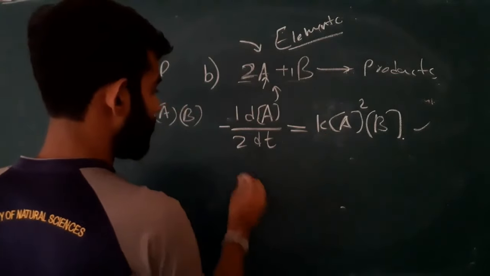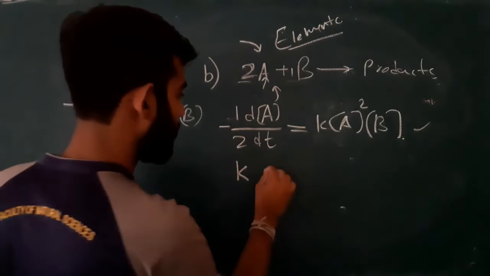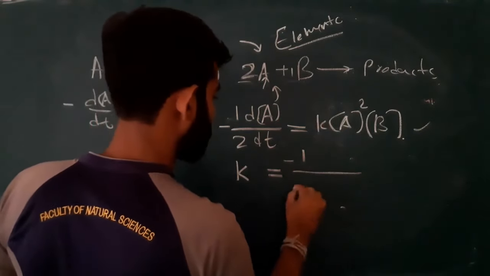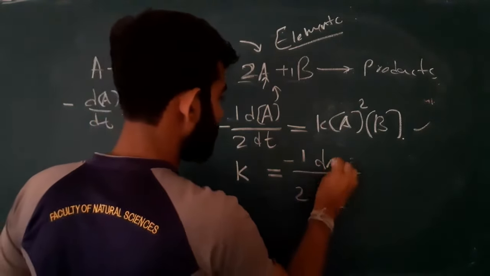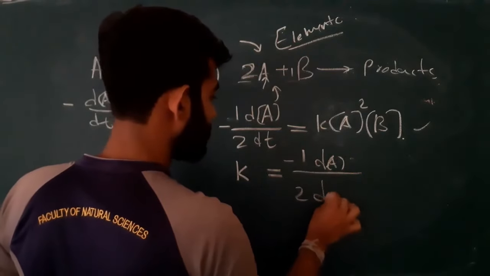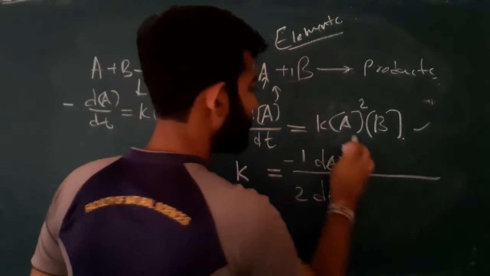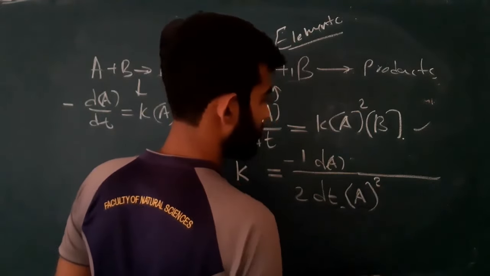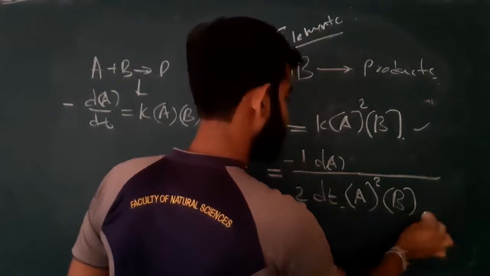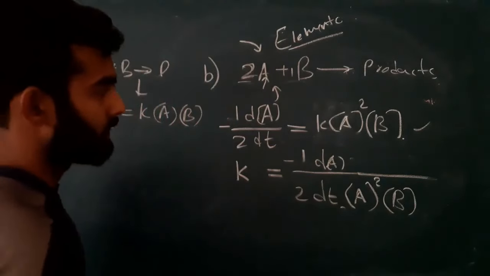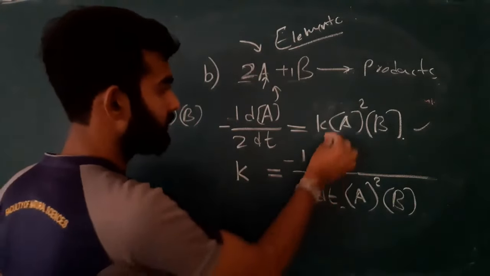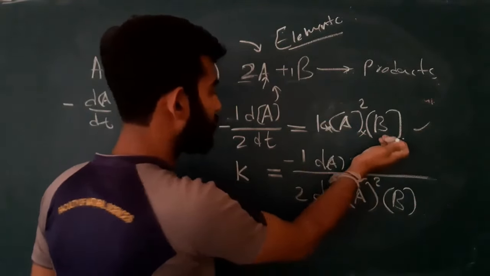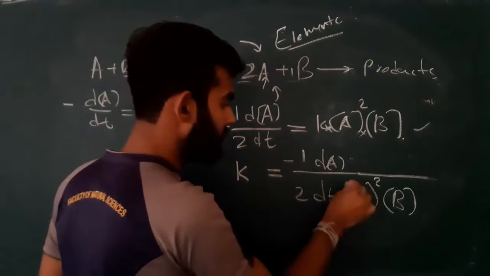So I will get the expression for K. K is equal to minus dA, here dt, here A squared will come to the lower side, B. I rearranged the equation. These are multiplied on this right side. When they come to the left side, they will be divisions.